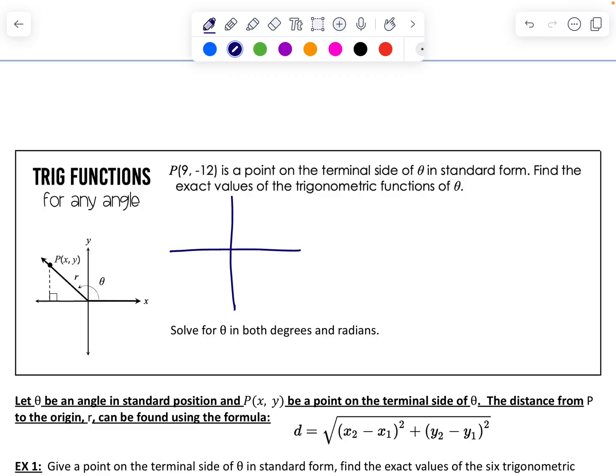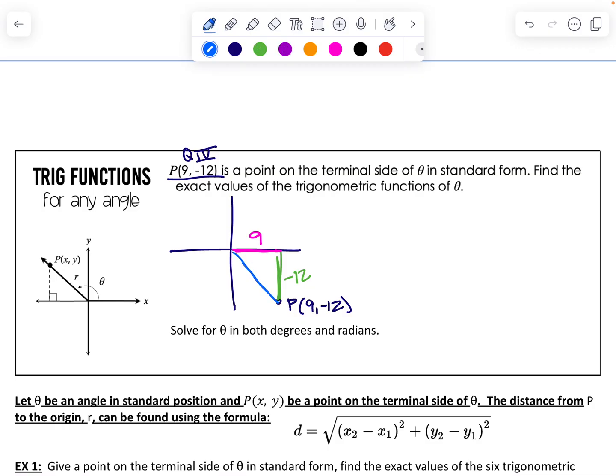So if I'm point P, 9, negative 12, I'm in quadrant 4 because I'm positive x, negative y. So here's my point P at 9, negative 12. Okay, so what does that mean? That means my y distance is going to be negative 12. That means my x distance is going to be 9, and I need to find the length of my hypotenuse.